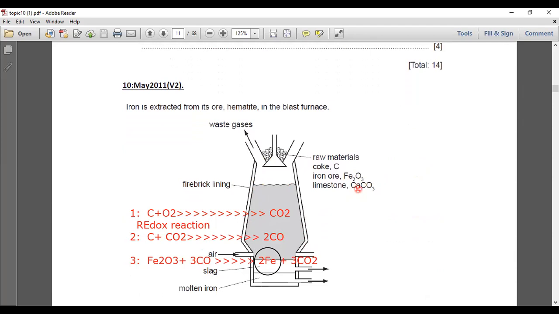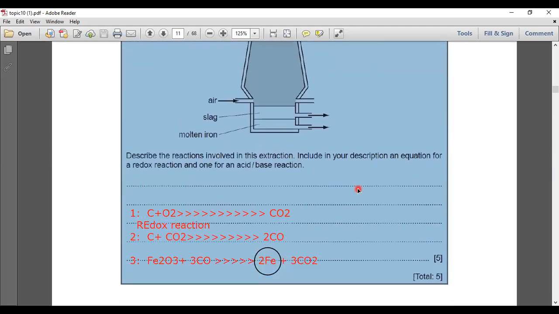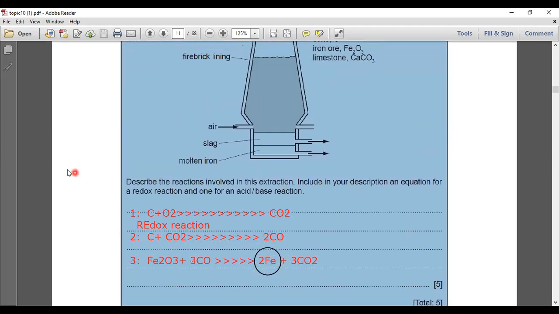So equation number 4 is talking about CaCO3. What will happen to CaCO3? Do you remember?